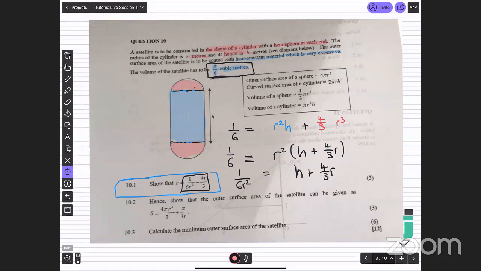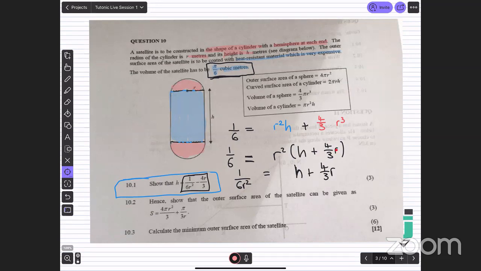So Rivka said, let's first divide out by pi, which gave us 1 over 6 equals r squared h plus 4 over 3 r cubed. We just divided out by pi, okay? And then we factorized r squared. Do you see that? They've got a common factor of r squared.